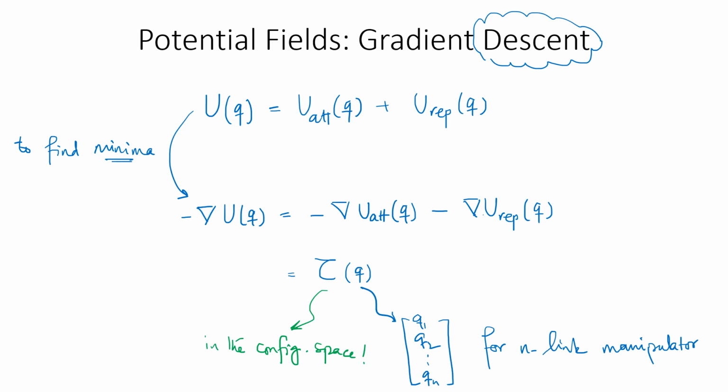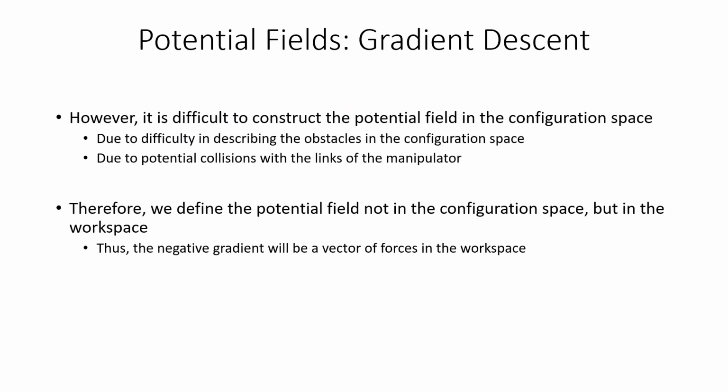So the negative gradient that we expect is going to result in a vector of forces in the workspace. That is another observation that we should make over here, and this observation is so important that I've added these points in a separate slide.